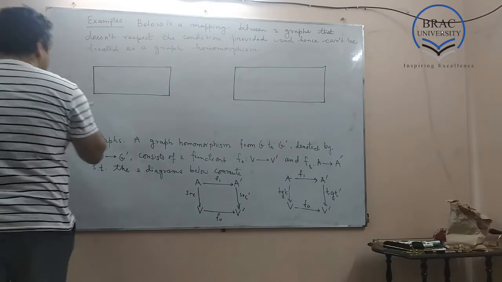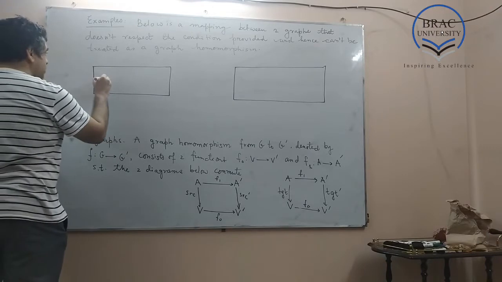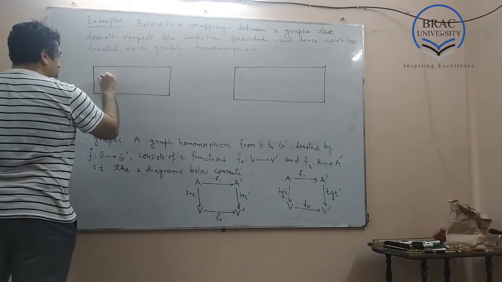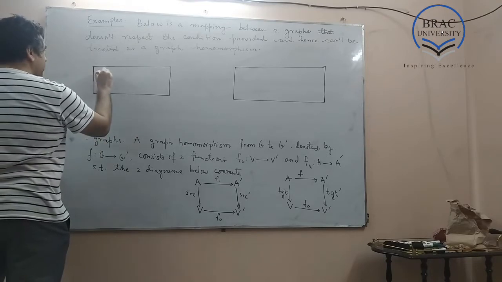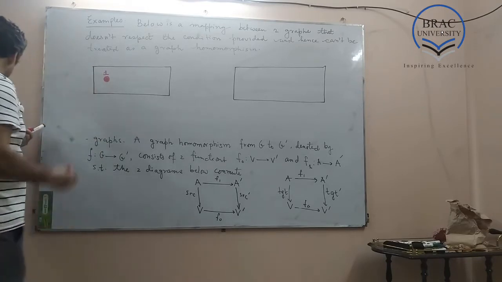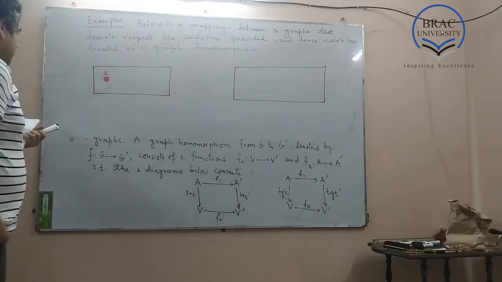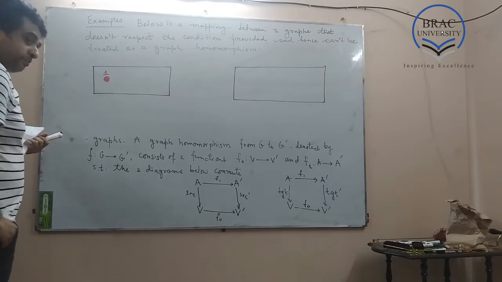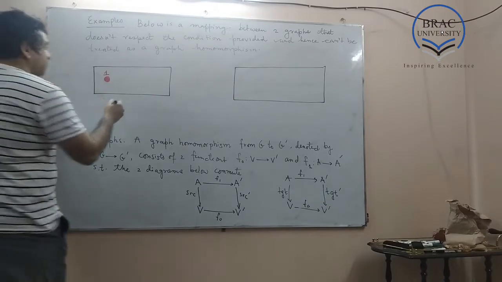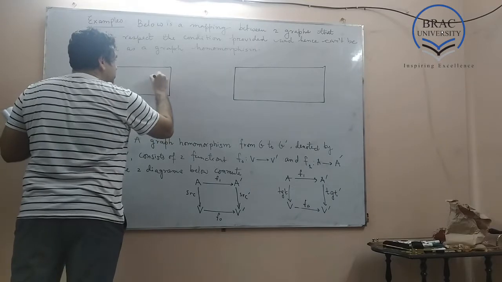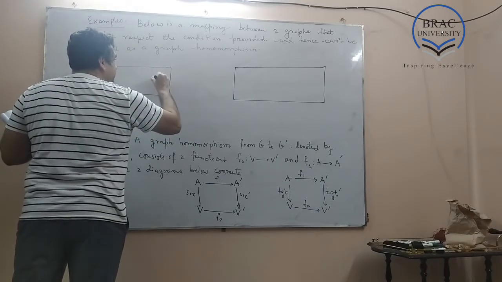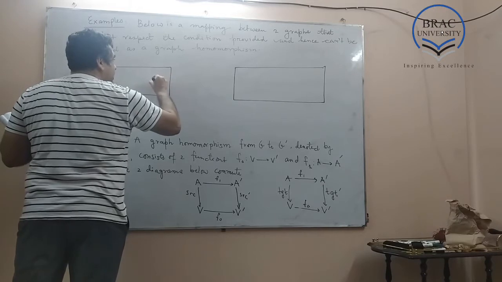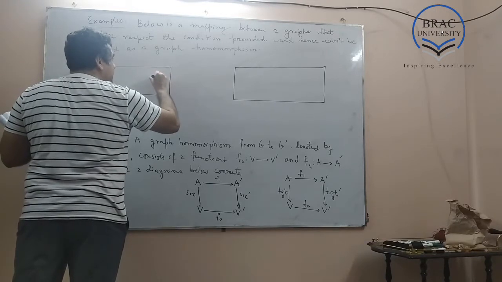Alright. So just two vertices on the left graph. This is one, and this is the other vertex of the first graph, labeled by 2.